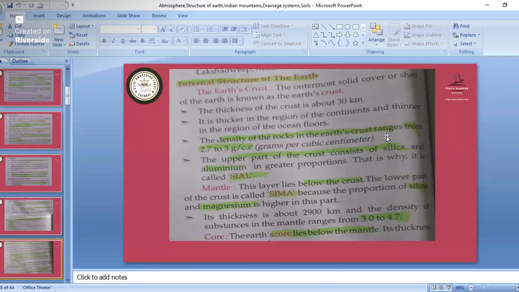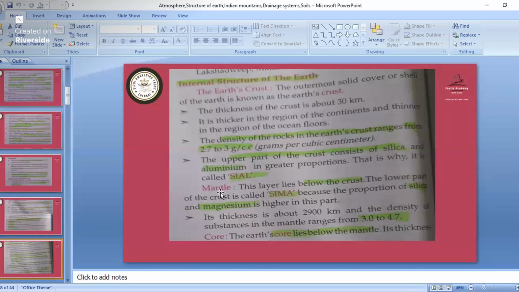The density of the earth crust is 2.7 to 3 gram per cubic centimeter. The upper part of the crust consists of silica and aluminium, that is why it is called sial. So the elements present in the earth crust are sial, silicon and aluminium. Mantle is sima, silicon and magnesium.